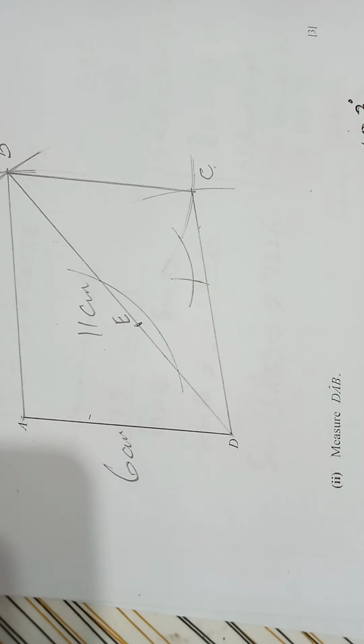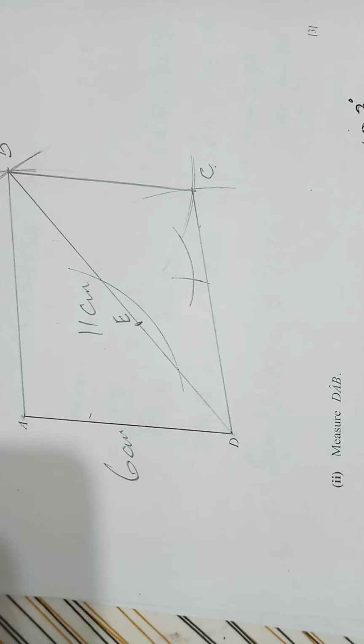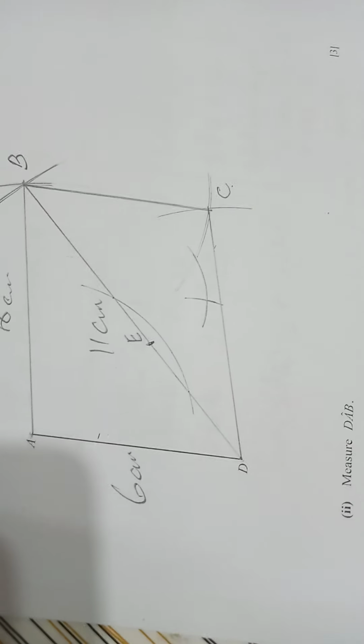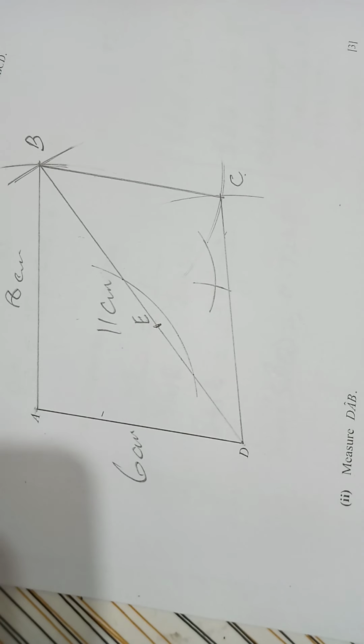Further, E is the point. Next, in part 3, E is the point on BD such that AE is the shortest distance from A to BD. Whenever he asks you about the shortest distance, this means that there is a perpendicular from A to the opposite line.